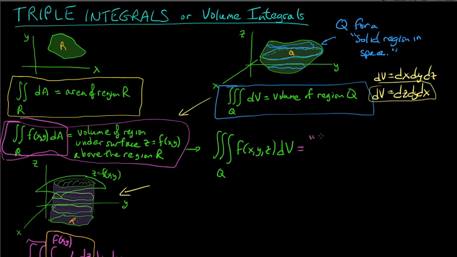Well, it gives you the four-dimensional volume, right, of the region between Q and, well, above the region Q, but below the surface.